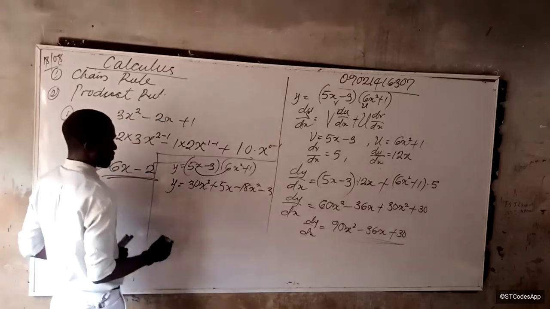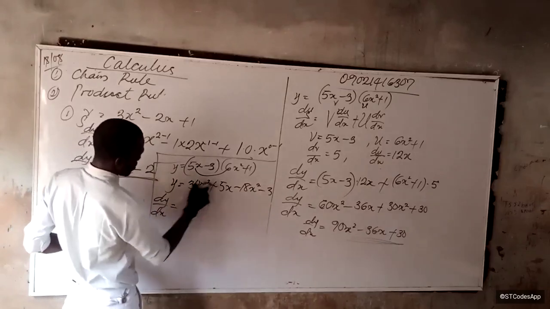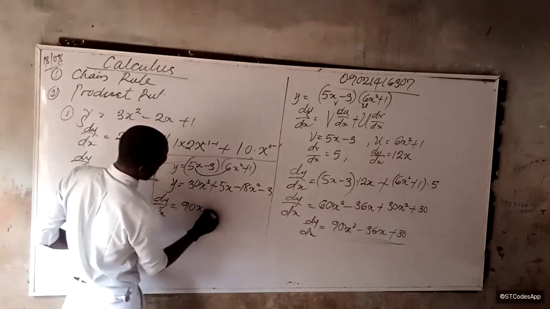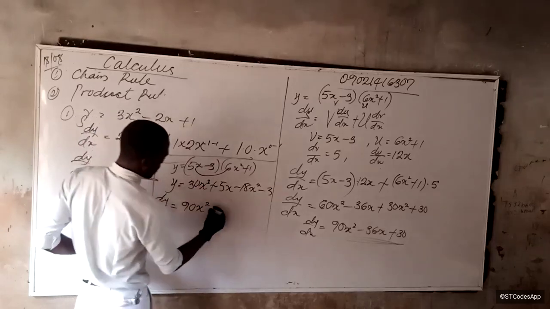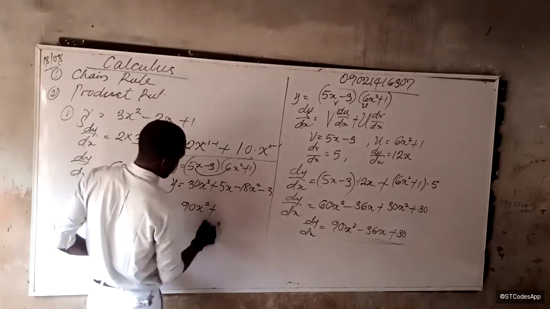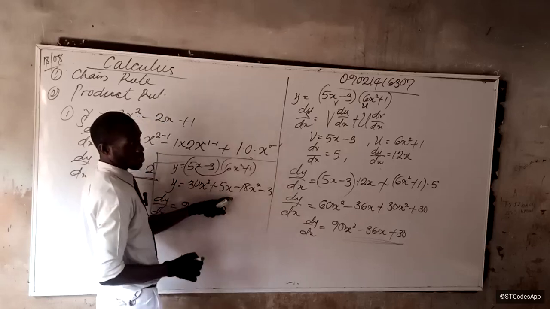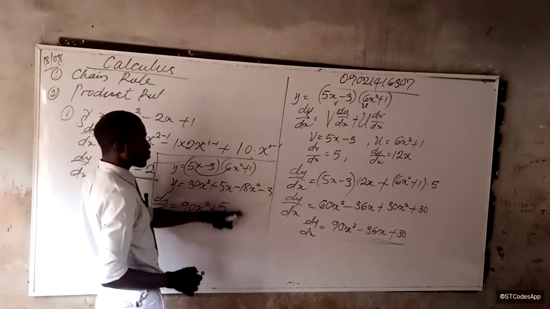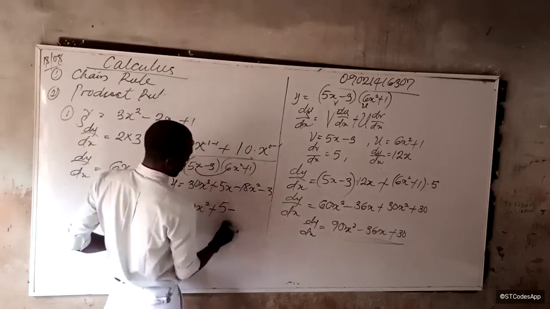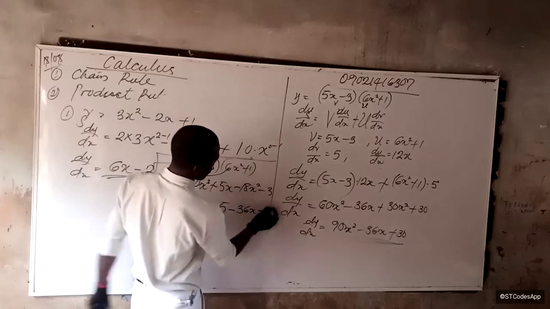So now from here we can differentiate so that dy/dx will be equal to, this multiplies this to give us 90x squared. The power reduces by 1 as we said. Then plus this one is going to be 5. If you differentiate a linear expression, it gives you a constant. If you differentiate a quadratic, it gives you a linear. So here we have minus this times this, 36x. Then if you differentiate a constant, you get 0.